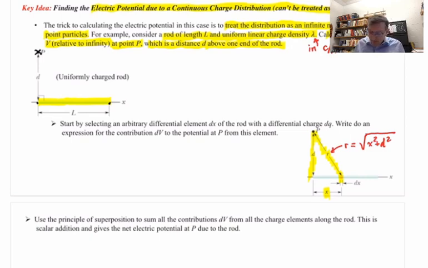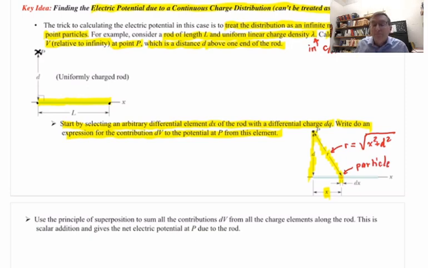Okay? All right, so we have selected an arbitrary differential element dx of the rod with an infinitesimal amount of charge, dq. Now we're going to write down an expression for the contribution dV to the potential from this element. Well, treat it like a particle. There's the little highlighted element right there.